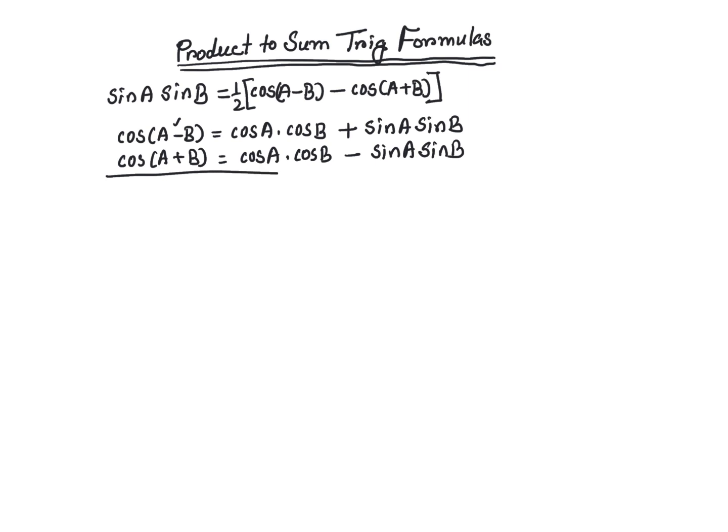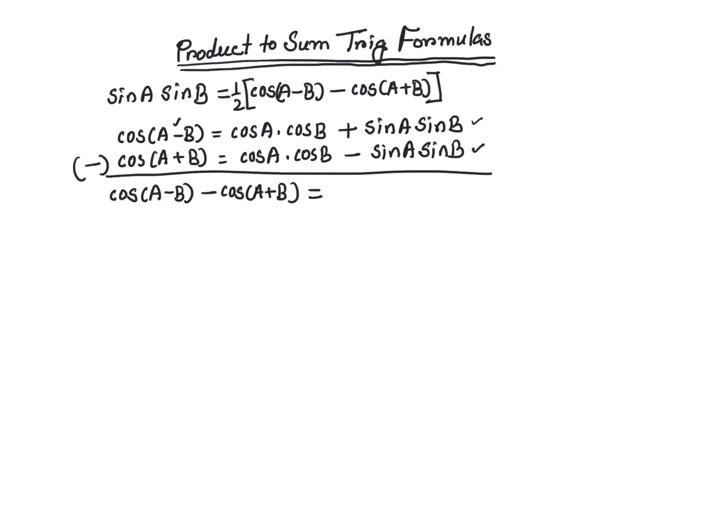Now what I am going to do, I'm going to do subtraction. So I'm going to subtract the bottom from the top. If I do that, on the left hand side I get cosine of A minus B minus cosine of A plus B. And that is going to be equal to, now the top minus the bottom.